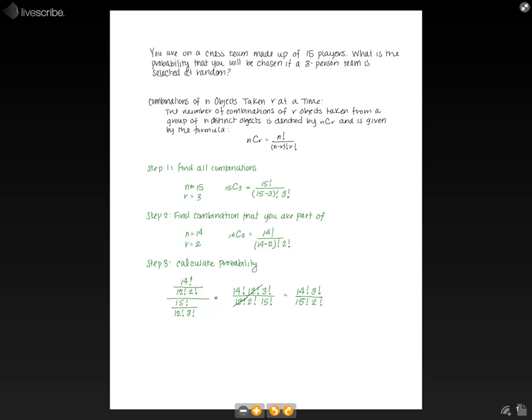Alright, so the 14 factorial cancels with the 15 factorial to leave us just with 15, since all the other numbers are the same. And the 3 factorial and the 2 factorial cancel out, leaving us just 3. So our final answer is 3 over 15, or 1/5. And that's the probability that we find using combinations.